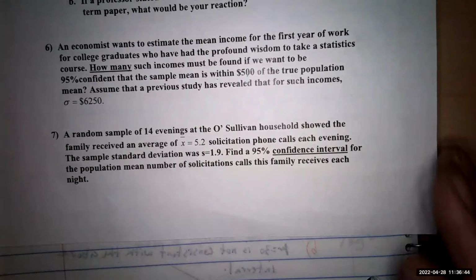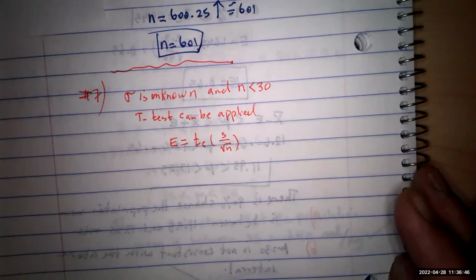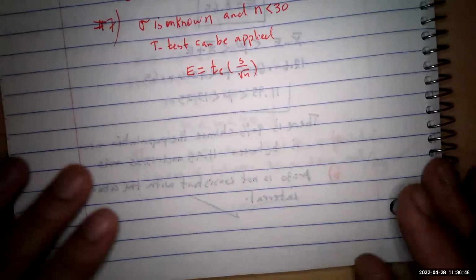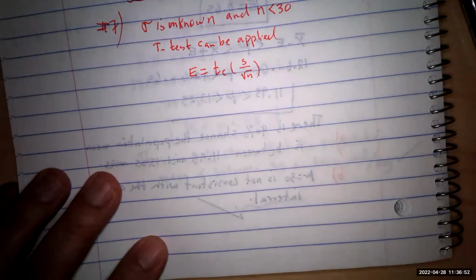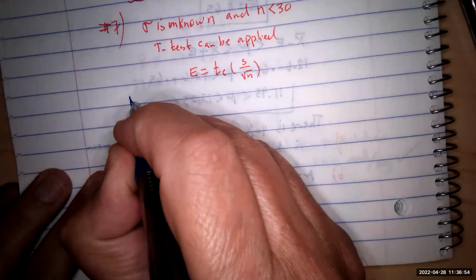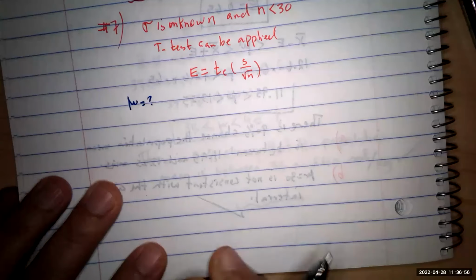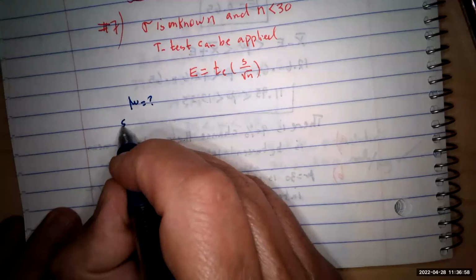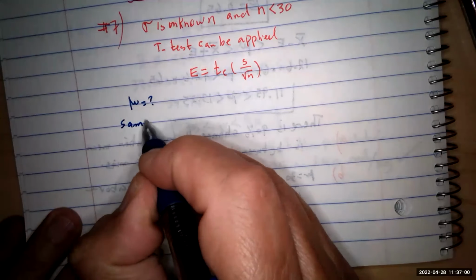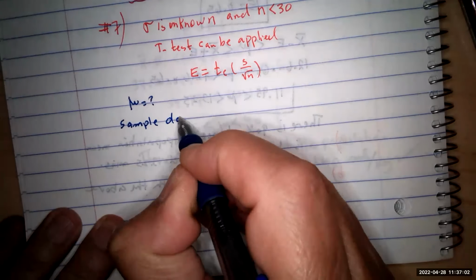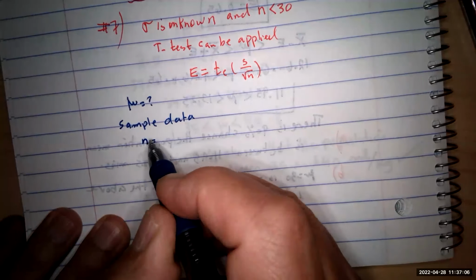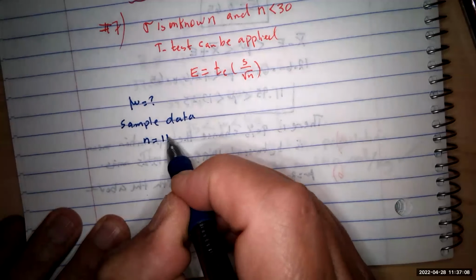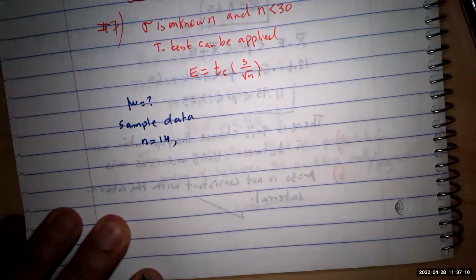small. So you are going to put the information together. This is going to be the information that we have. We realize that again, the problem is the problem of the mean, but we need the sample information again. The sample data starts with the sample size all the time. You have 14 evenings.